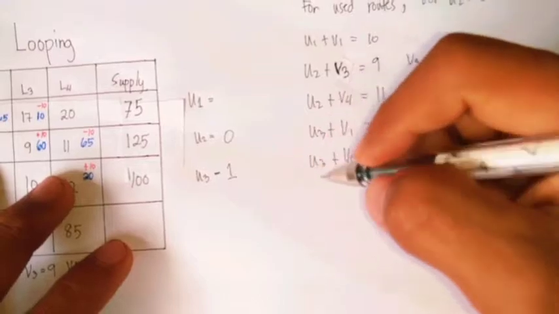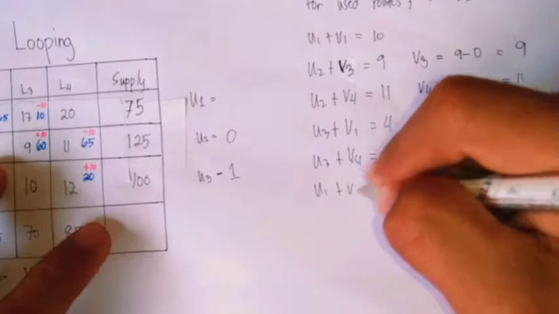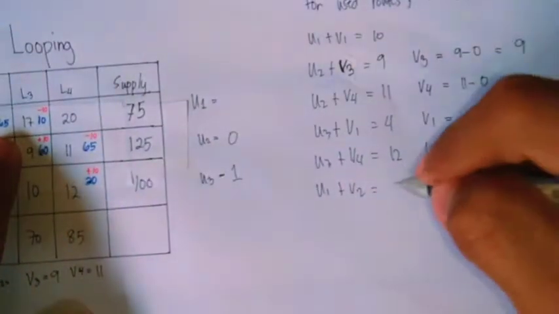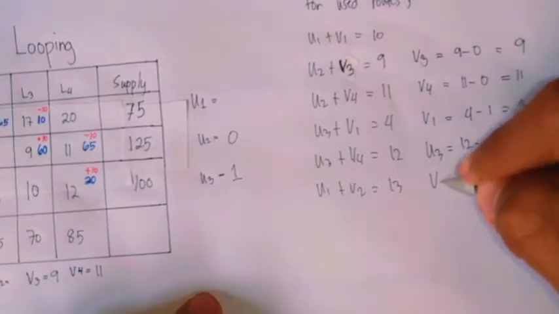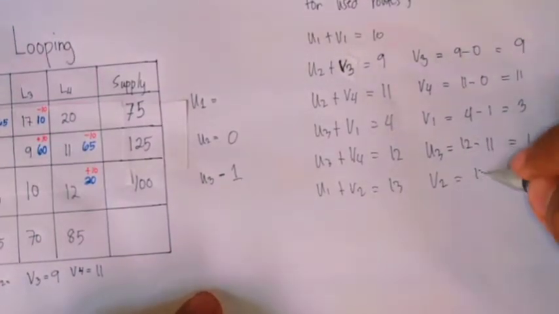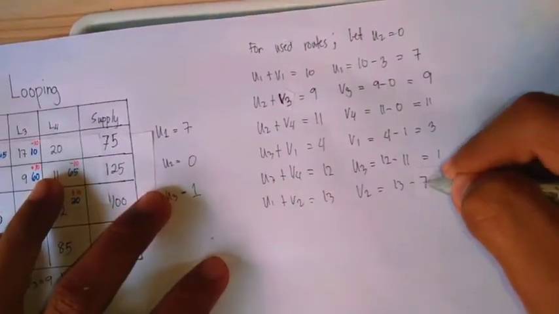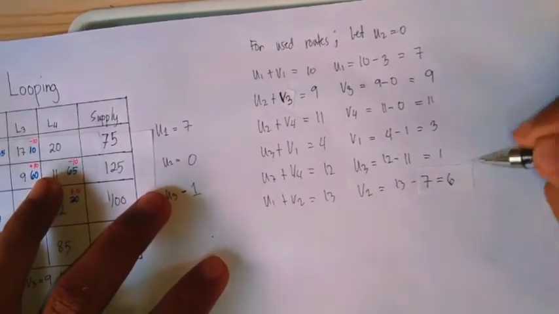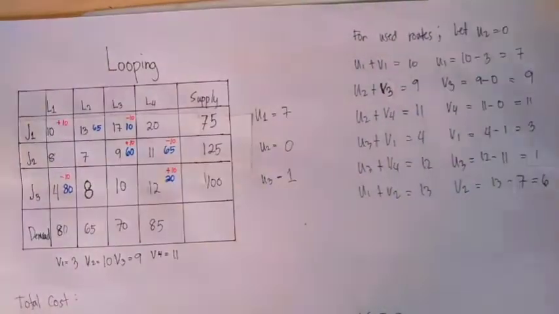Next, U1 plus V2 is 13. So V2 is equal to 13 minus 7, which is 6.